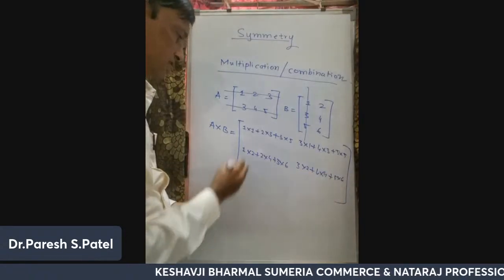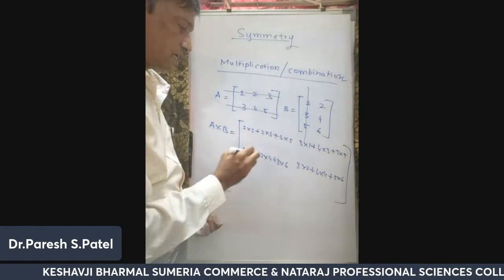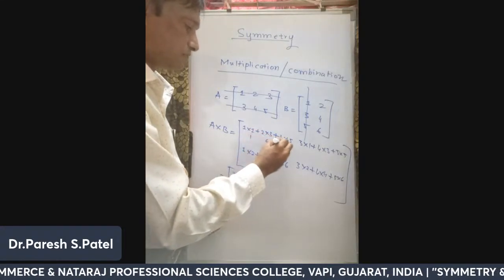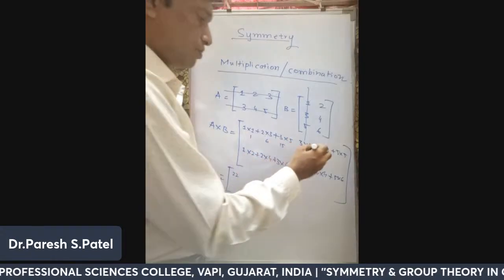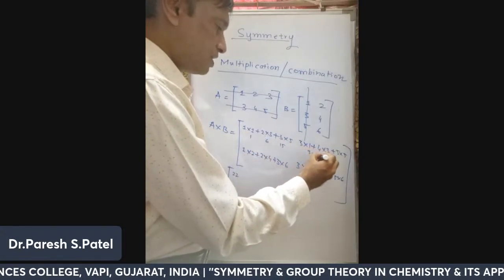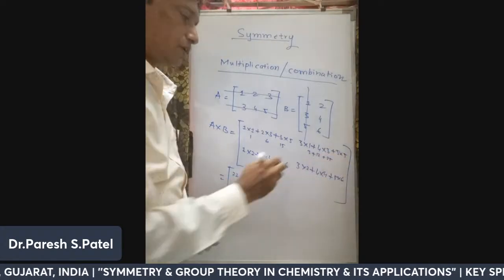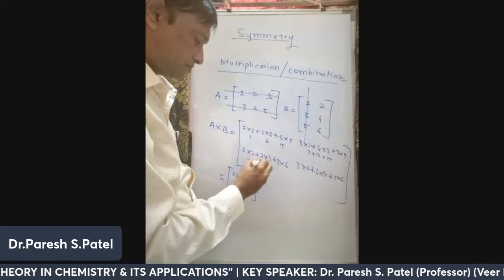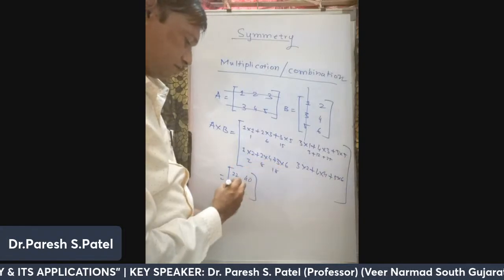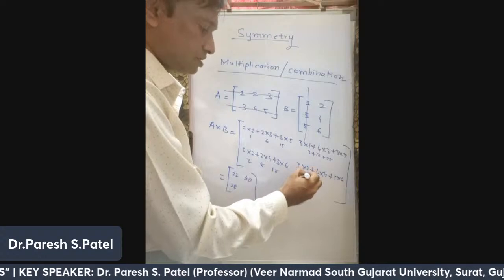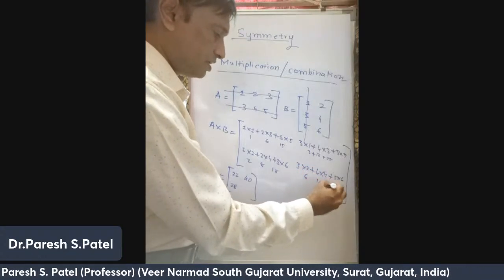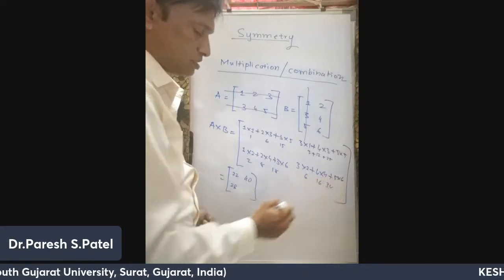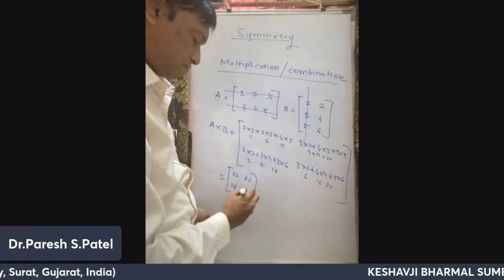So the resultant matrix: 1, 6 and 15 is equal to 22. 1 plus 6 plus 15, 22. 3 plus 12 plus 25 is equal to 40. 2 plus 8 plus 18 is equal to 28. 6, 16, 30, it means 52. So 46, 52.